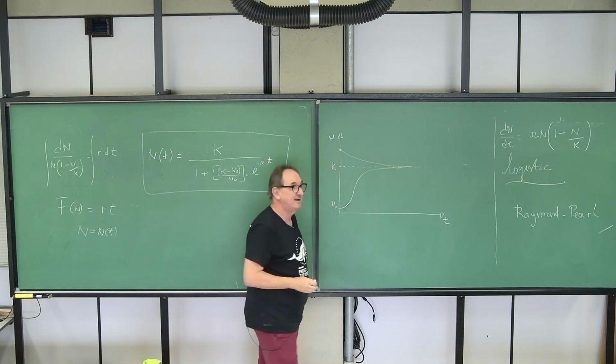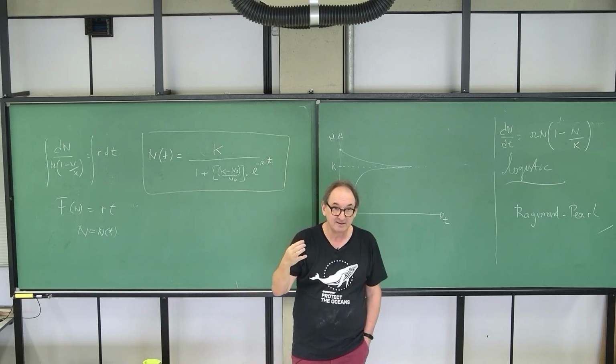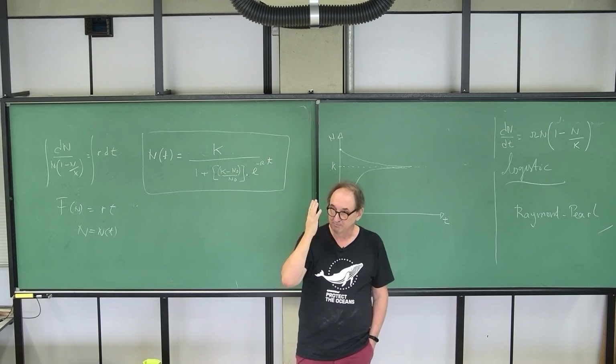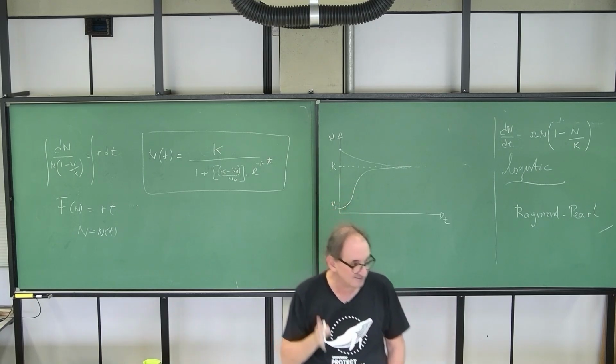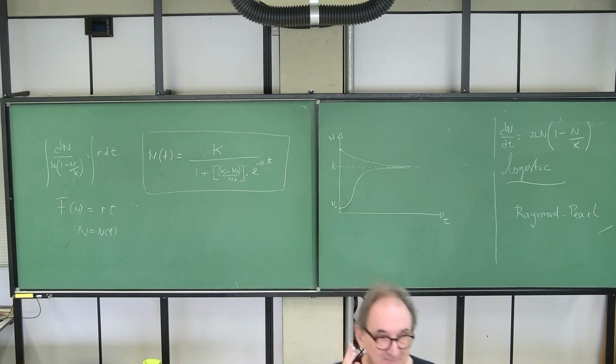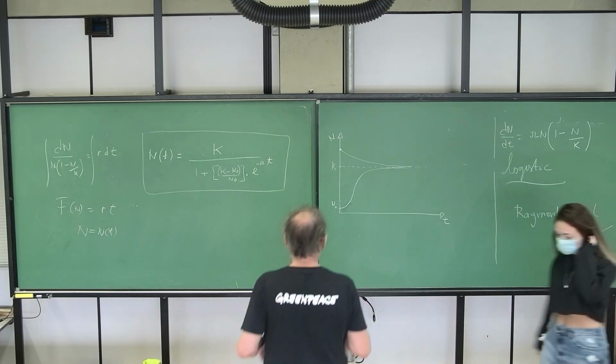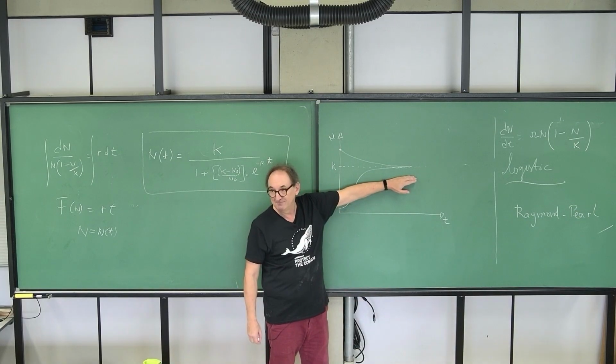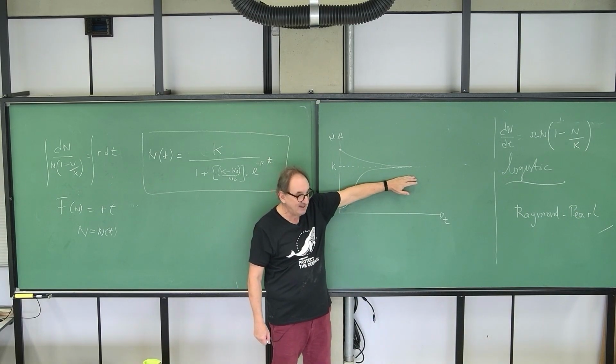At the end of the day, asymptotically, the population tends to a constant value. So the prediction of the logistic model is, with any initial condition I start, I will, over time, approach the value k and stay at a constant level.